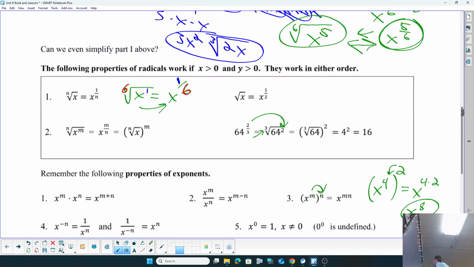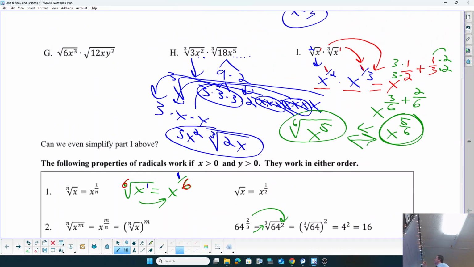Because there was an example during class where we had the square root of x times the cube root of x. If you write those as exponent fractions, you can multiply those two radicals together. The square root is x to the 1/2.